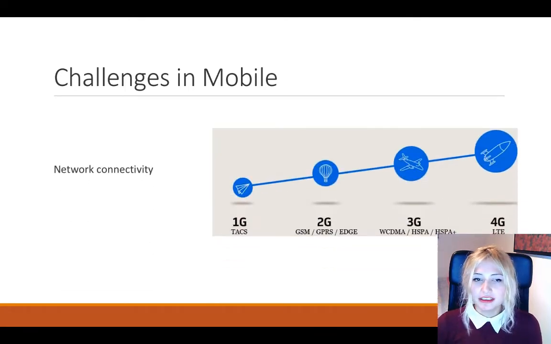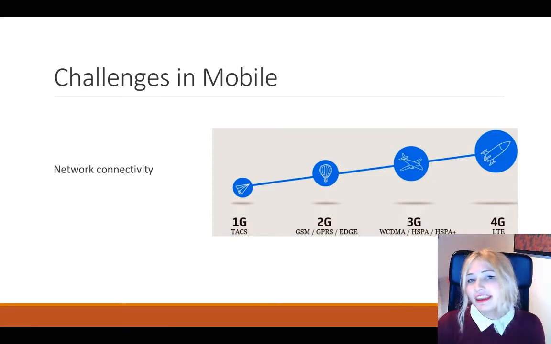One of the other unique challenges in mobile is network connectivity. You want to make sure that your application works on different network types. In daily life you use mobile devices everywhere, and when you're walking on the streets you can lose your connection. While users are using your application, the network connectivity can change.